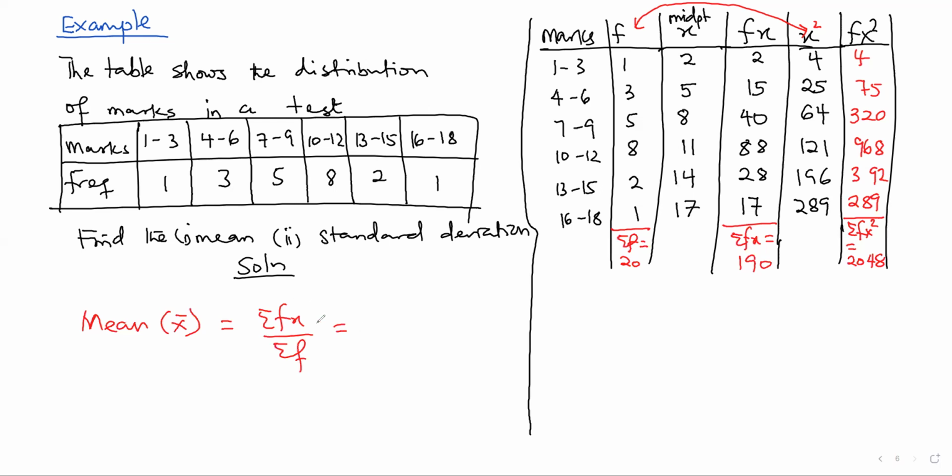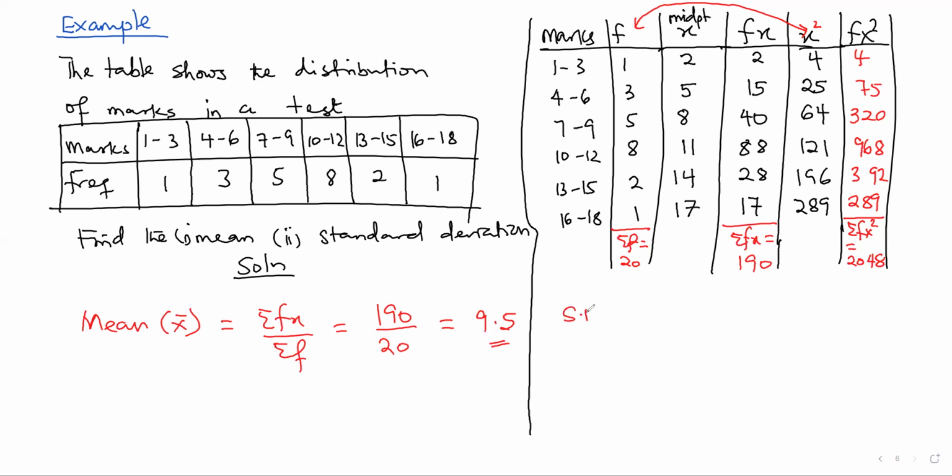So summation of fx we got 190, and summation of f we got 20. So when we divide 190 by 20, we get 9.5.